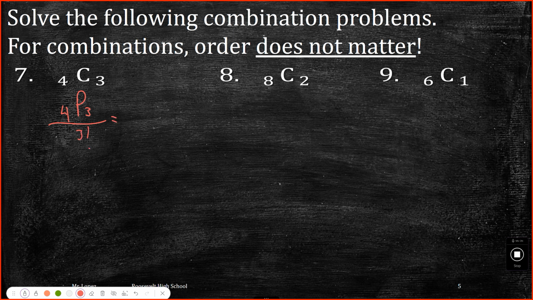So that's how I do it. I haven't seen it on YouTube videos, and I haven't seen it anywhere else. This is just my way of doing this. So what is 4 permutation 3? 4 permutation 3 is 24, divided by 3 factorial, which is 6, which is 4.